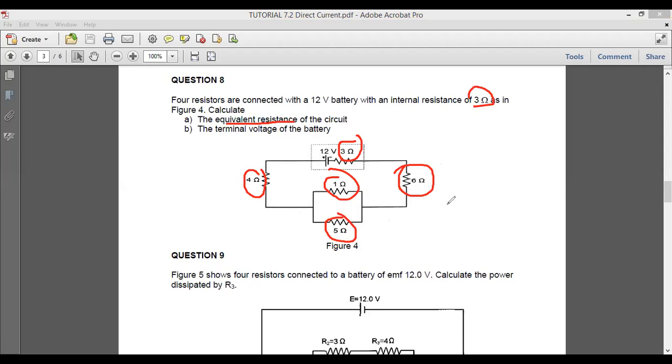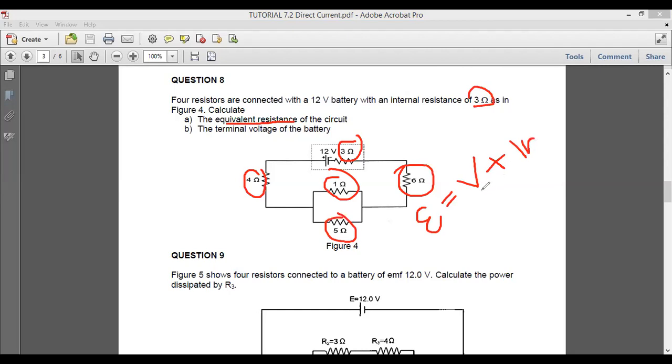Next, if you have an internal resistance, you need to apply the formula E equals V, which refers to the terminal voltage, plus Ir, where r is the small r.